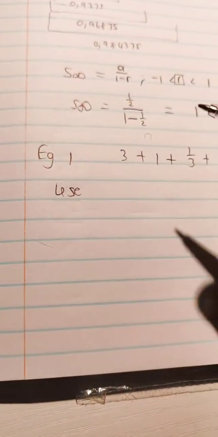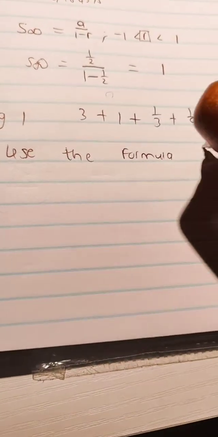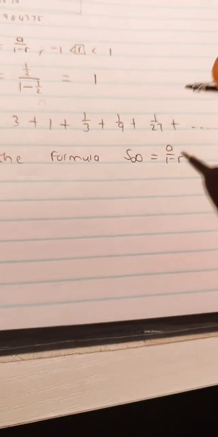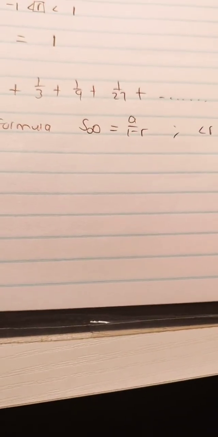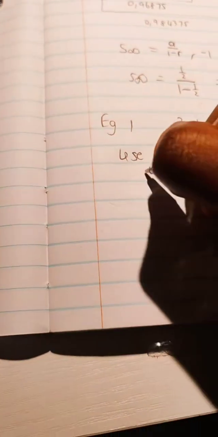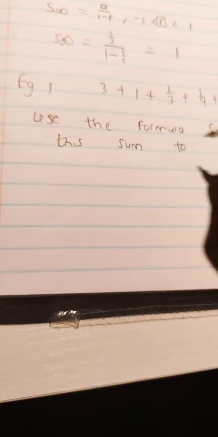The question is saying to use the formula S to infinity is equal to a over 1 minus r, where r is between -1 and 1, to find this sum to infinity.